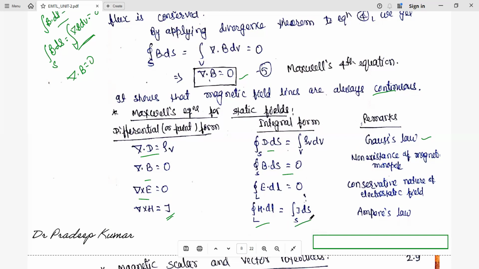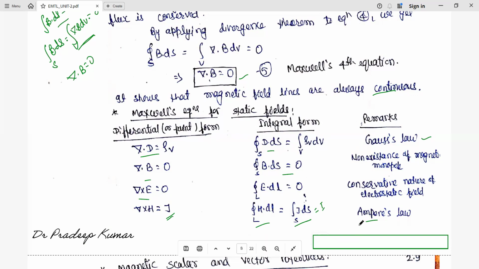The right side shows the total current. Like this, we have different Maxwell equations in differential form as well as integral form. Differential form is also called the point form.